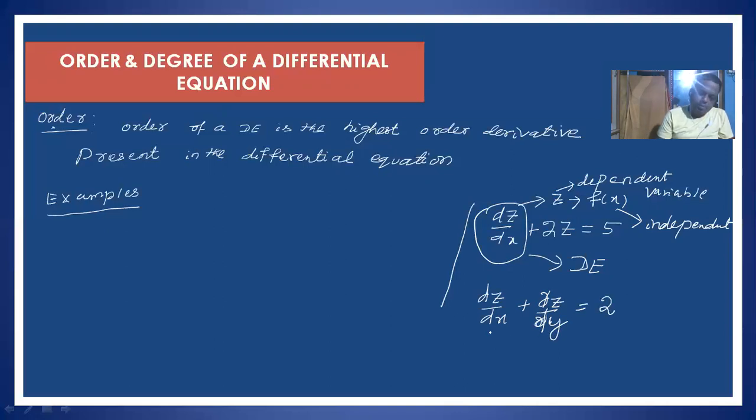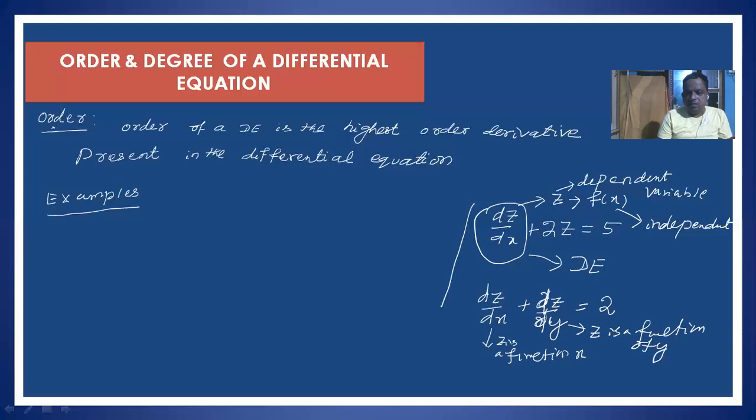Here the derivative of z exists with respect to x, that means z is a function of x. Here also dz by dy, that means z is also a function of y.